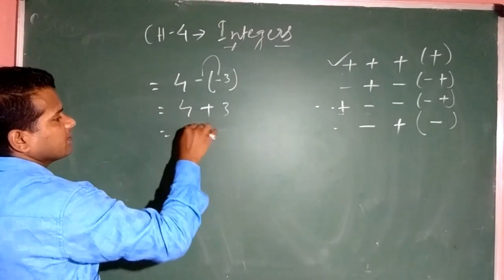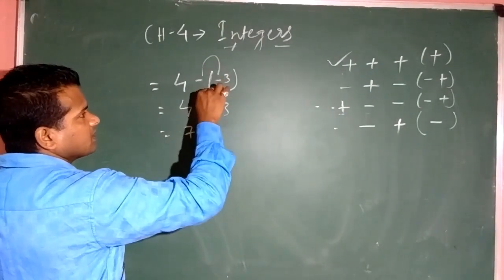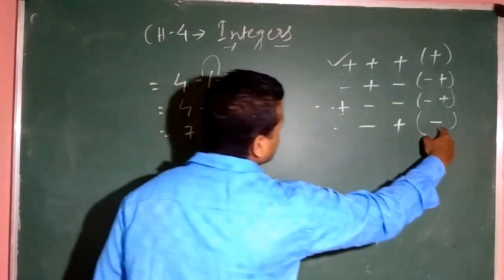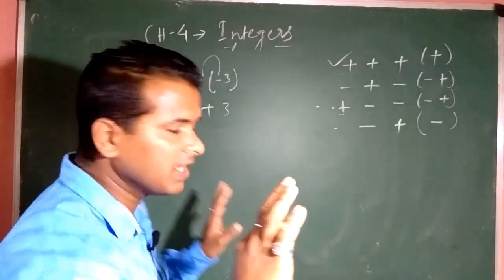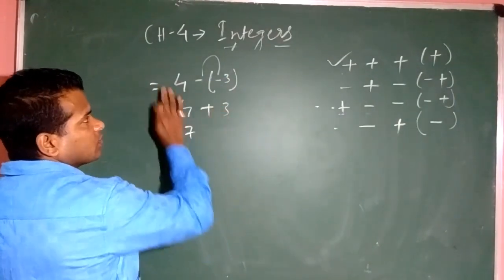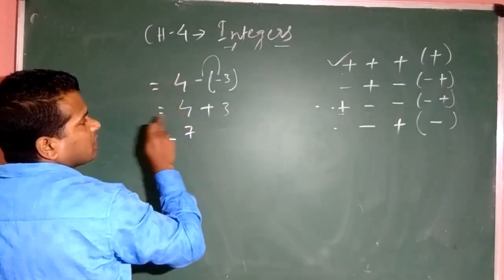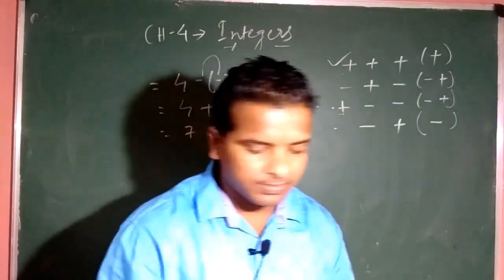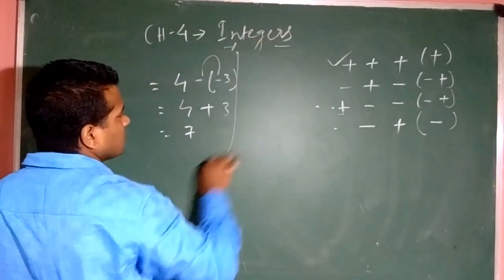So how much? 7. Because the bracket is there, with minus plus, it is already plus. No need to think about this one, don't get confused, very easy. Here it is plus, 4 plus 3 is 7. Got the basic concept. Next we are going to learn.